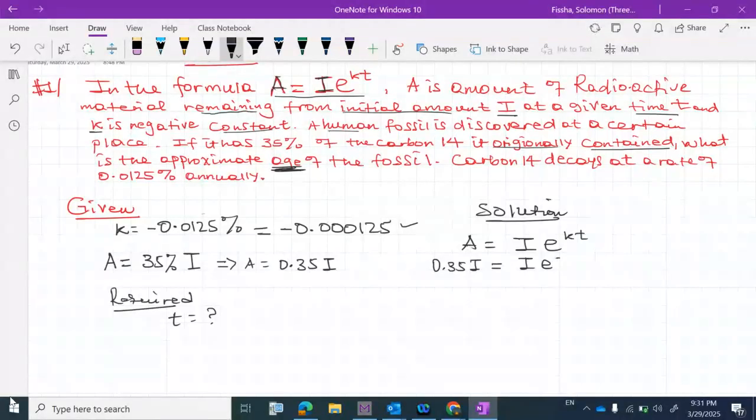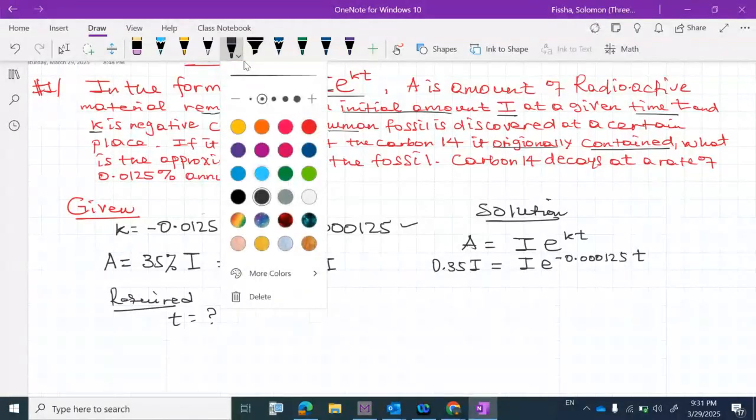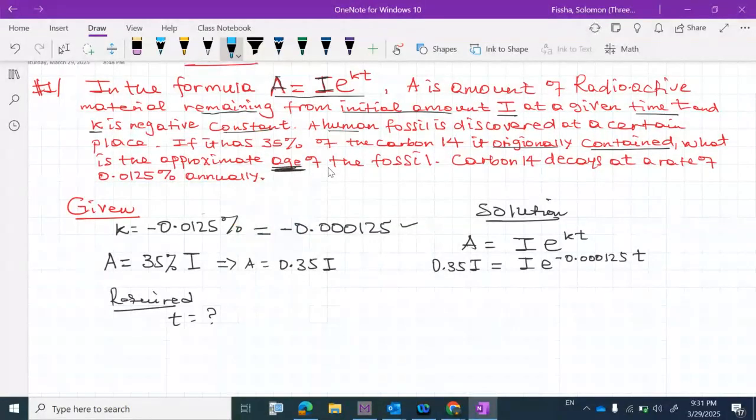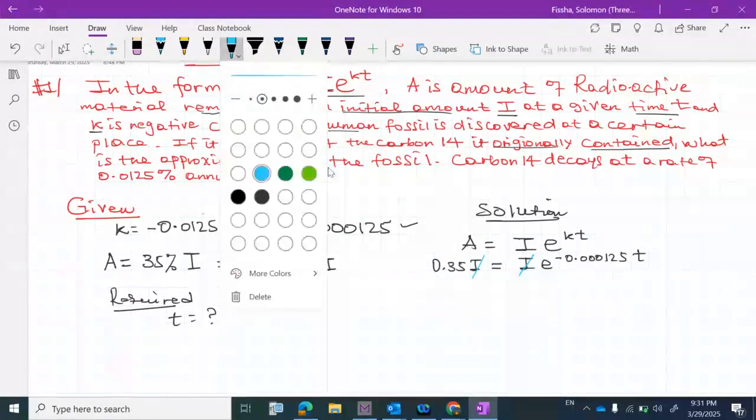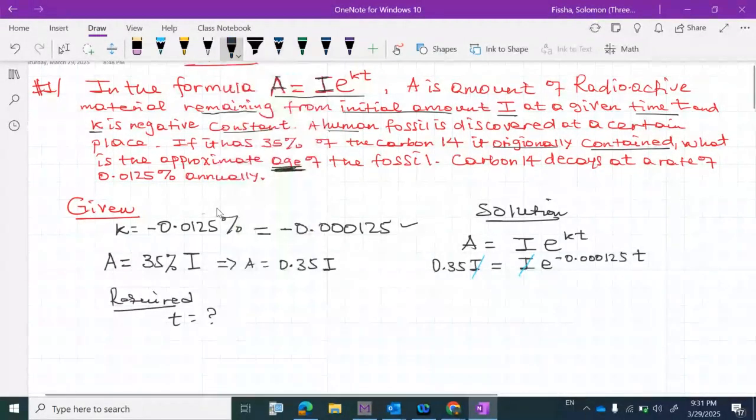K is now given as negative 0.000125 times t. I'm looking for t. Before I go ahead and solve for t, let me cancel I by I, because from both sides I can cancel both I's.